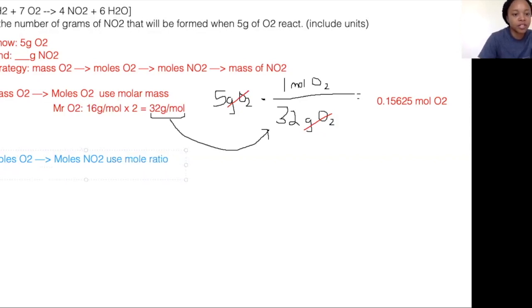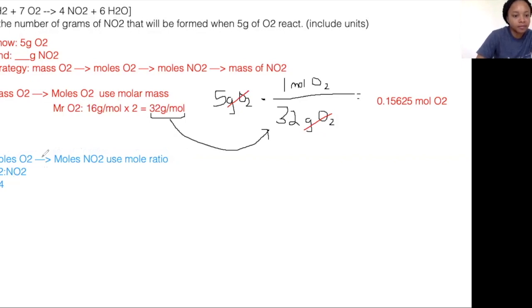Cool. What's our mole ratio? Remember, where do we look for our mole ratio? We're looking at our equation. So we have a 7, and then what's in front of NO2? 4. Bang.